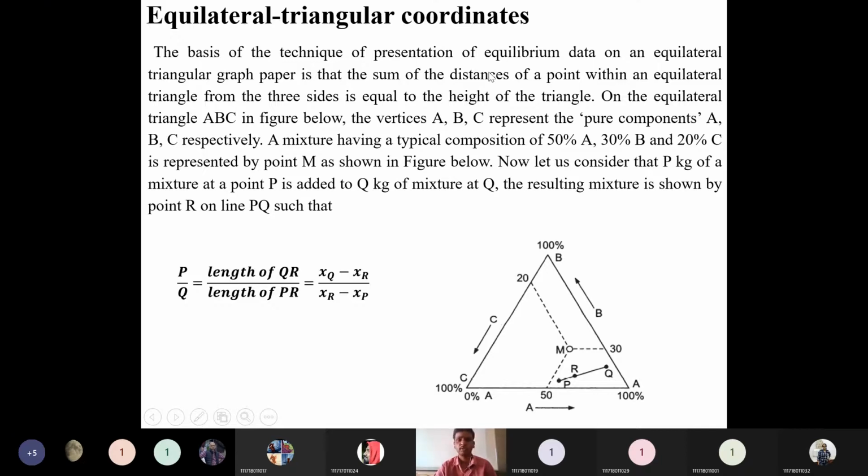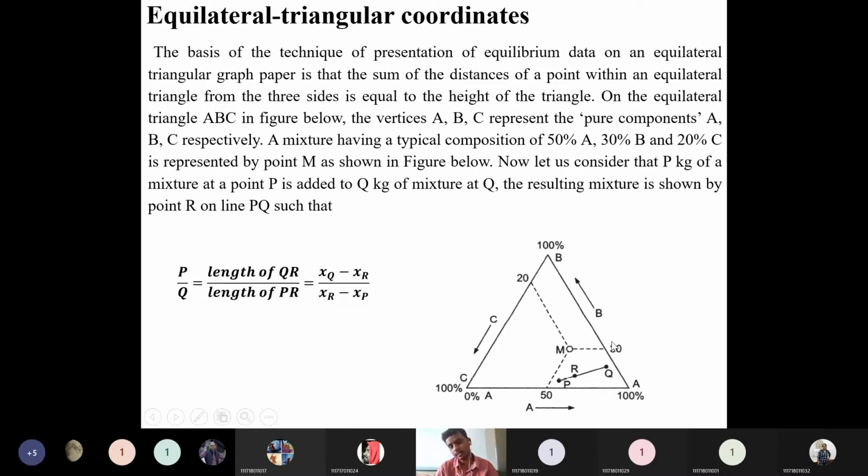You might know Viviani's theorem, which you might have seen during the SSC, secondary school certificate, course. So what is Viviani's theorem saying?